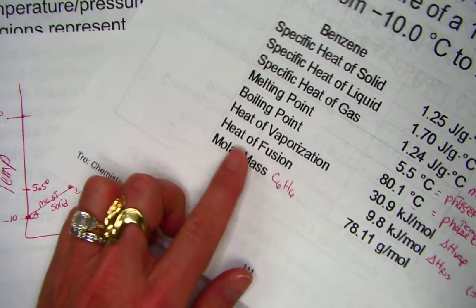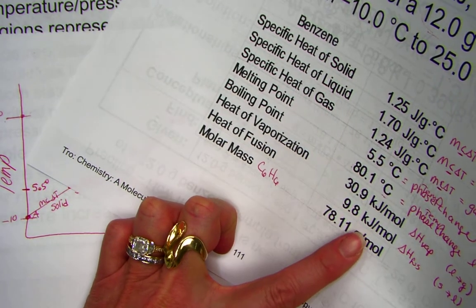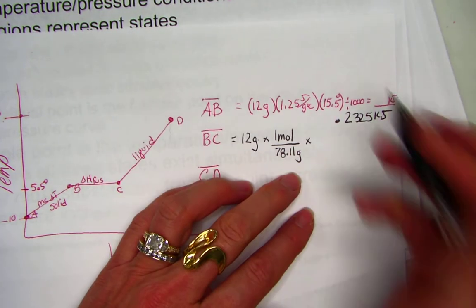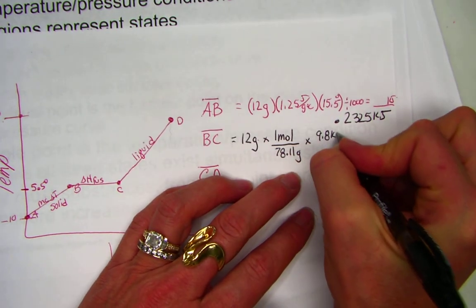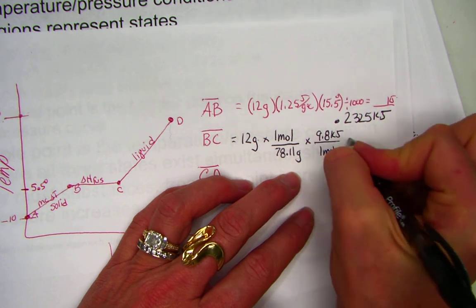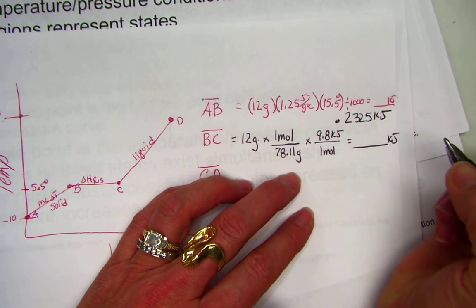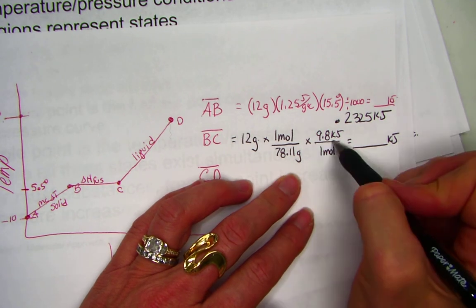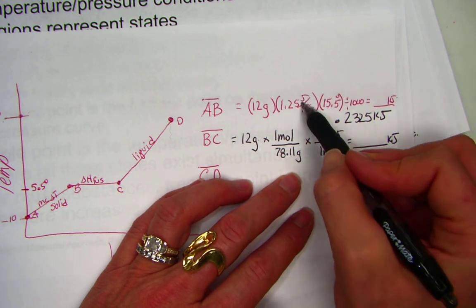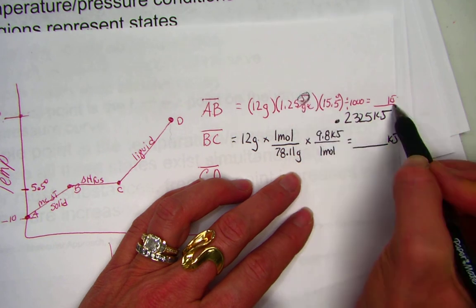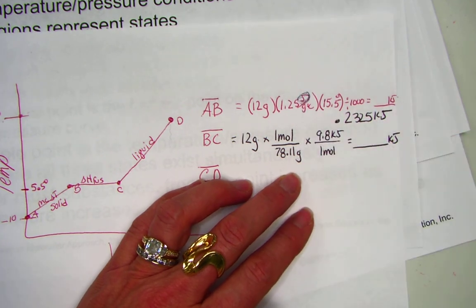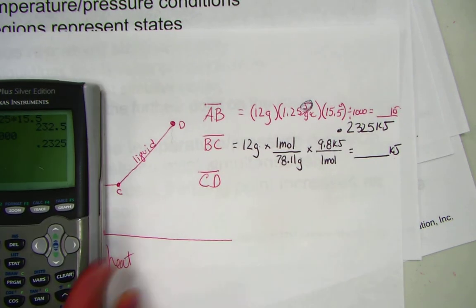And now the heat of fusion, 9.8 kJ per mole. Now all the units have canceled, and I've ended at a kilojoule. Since I put a kJ in, a kJ comes out. Up here, this was a joule unit, so I had to slide my decimal to convert it into a kilojoule. So let's solve for line segment BC: 12 grams divided by the molar mass of 78.11 times 9.8, the heat of fusion.